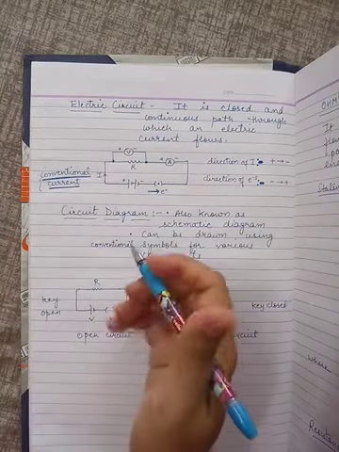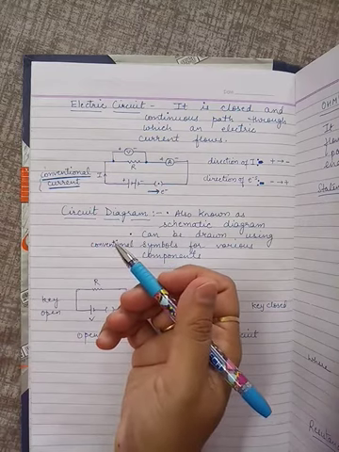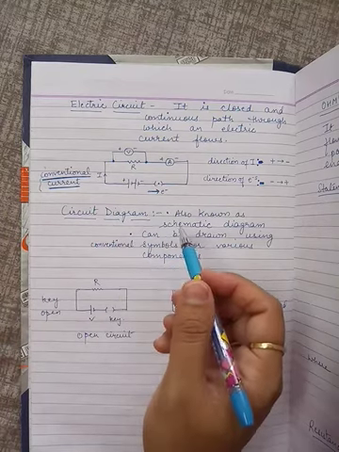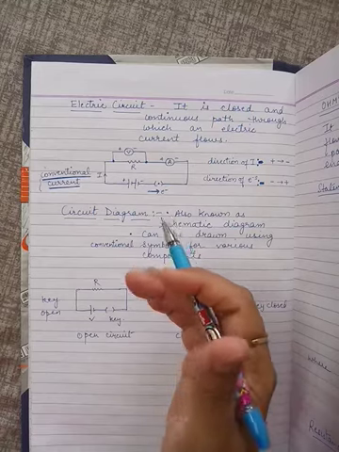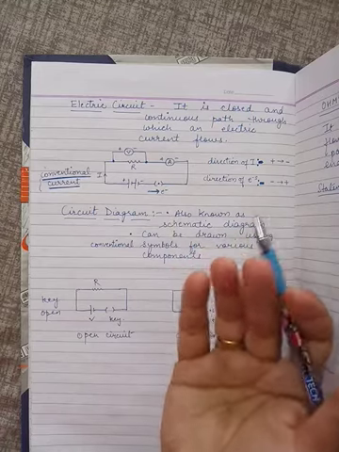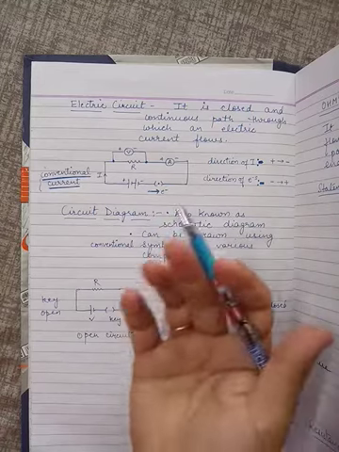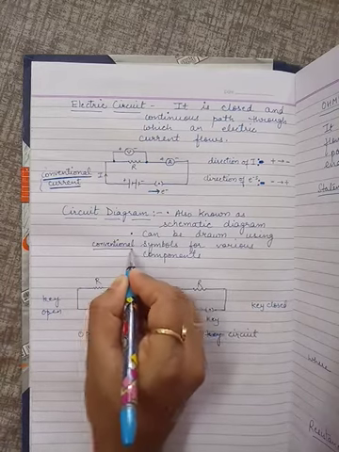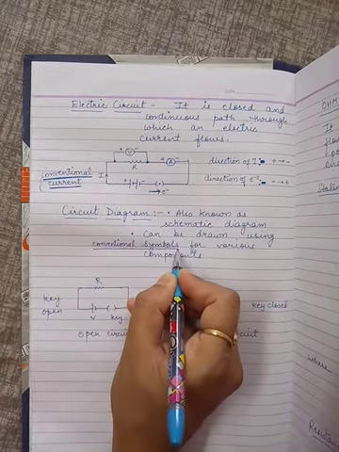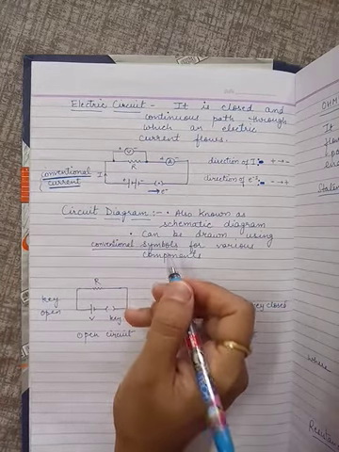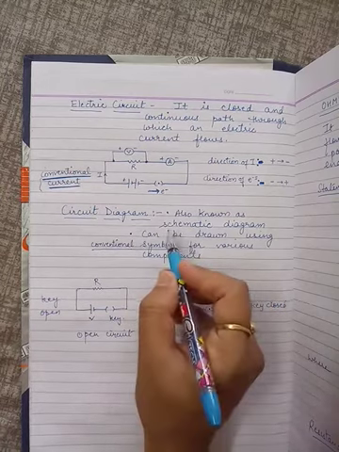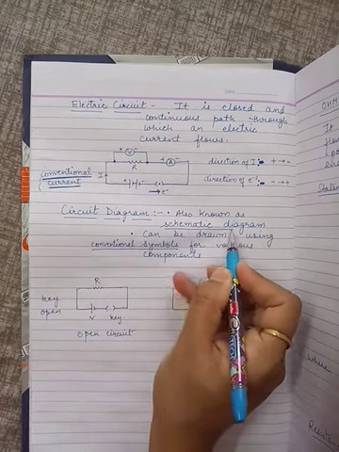Now, circuit diagram. How would we draw the circuit diagram? Circuit diagrams can be drawn using different symbols, which are also known as conventional symbols. These conventional symbols are given in your NCERT book, and it is also known as a schematic diagram.